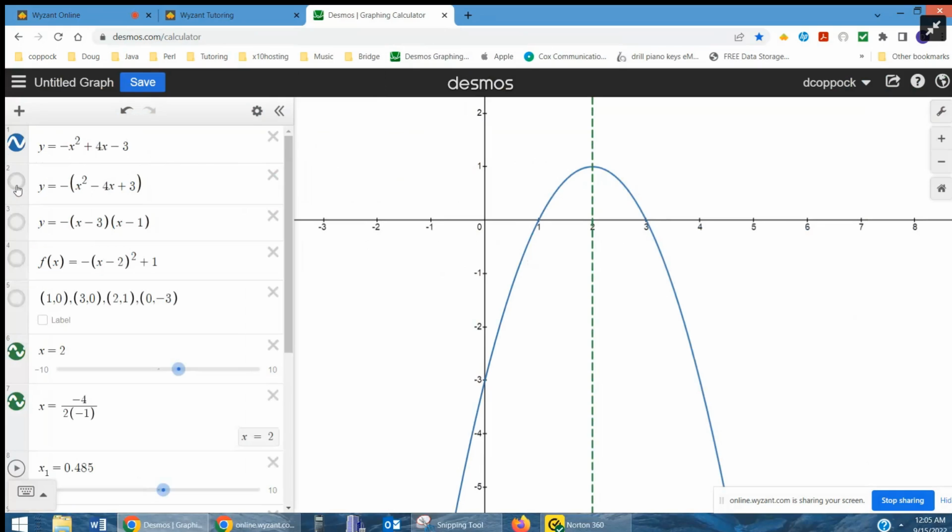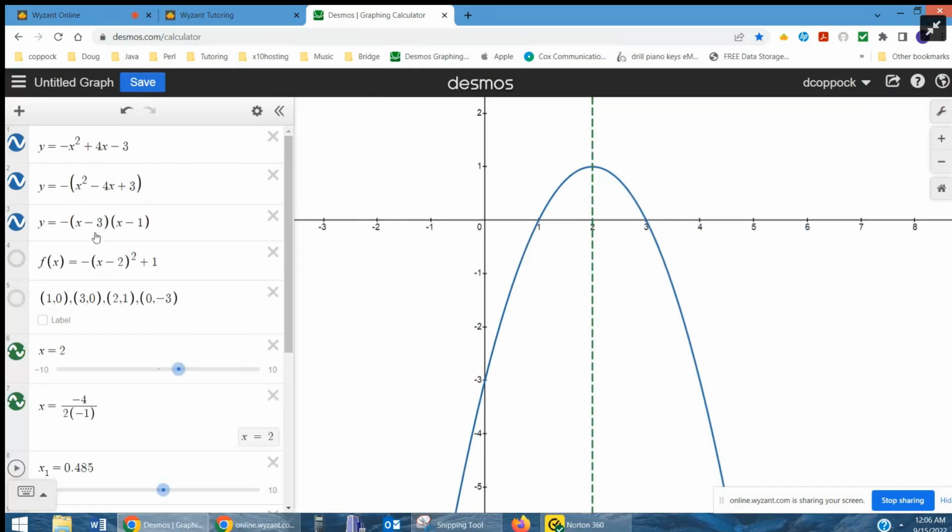And these are three other forms of that same equation. Here I just factored out the -1. Same graph. Here I already factored out the -1, and I factored this trinomial into x minus 3 times x minus 1.